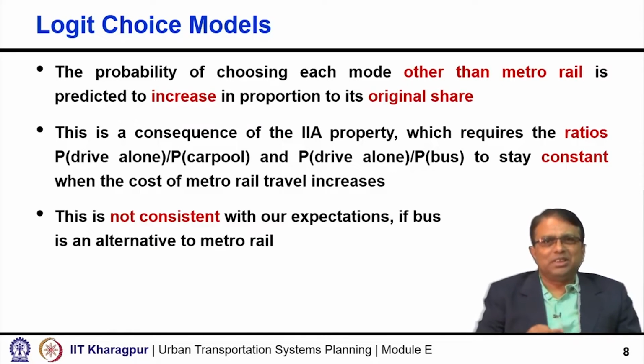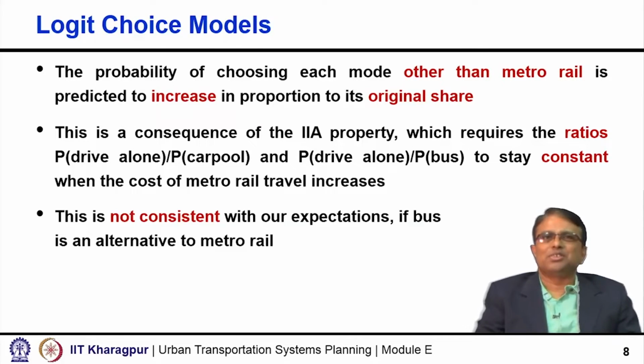This is a consequence of the IIA property, which requires the ratio of probability of drive alone by probability of carpool and probability of drive alone by probability of bus to stay constant when the cost of metro rail travel increases. So, it brings more people into all other transport alternatives, but maintaining the original ratios.